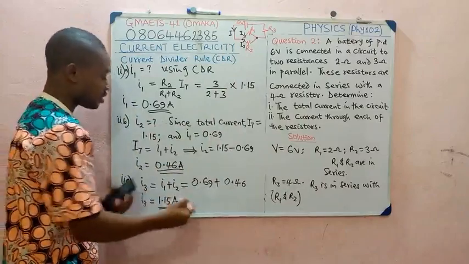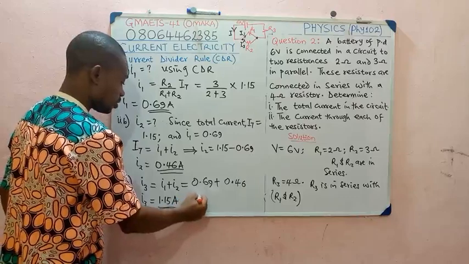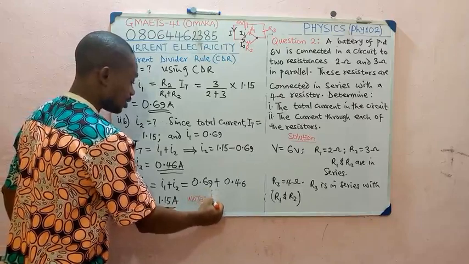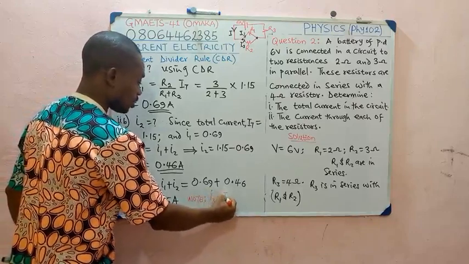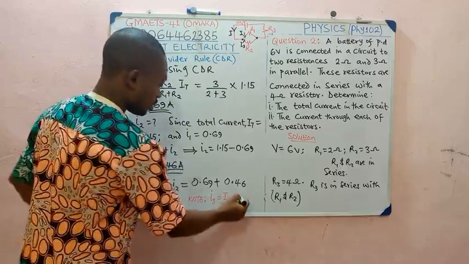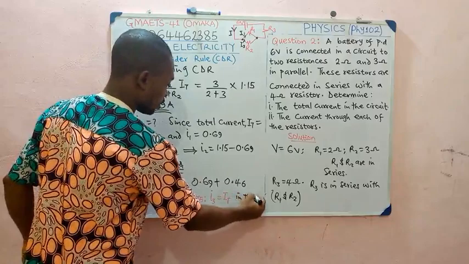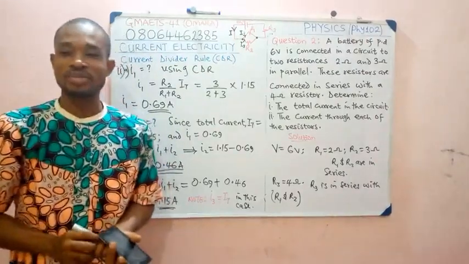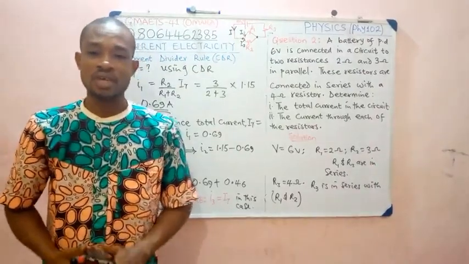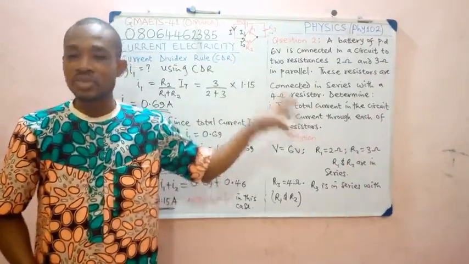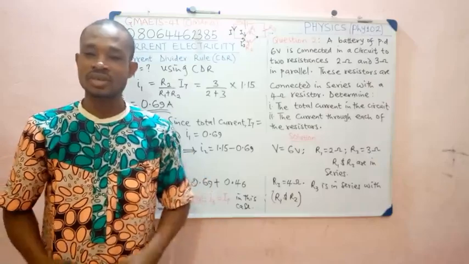So I'm going to indicate, note, I3 is equal to I total here in this case. Is that okay? In this case. So that's how we resolve this problem. You can see how effective the current divider rule has proved to be in obtaining the current through each resistor quickly.